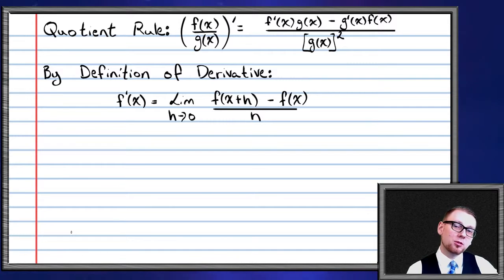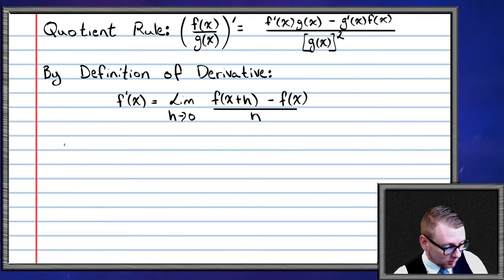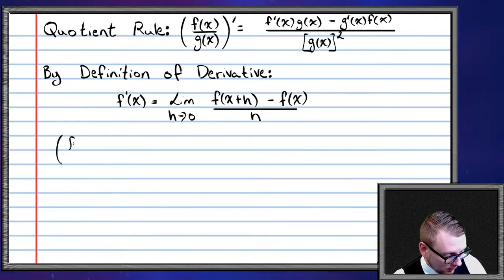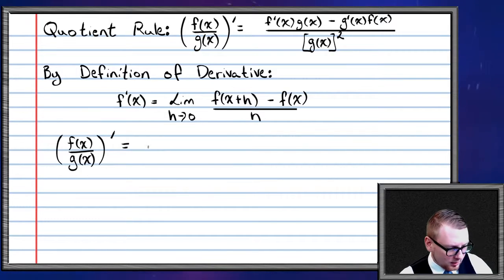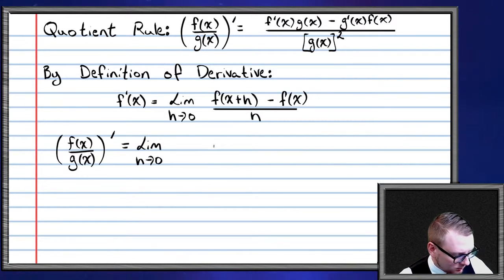Okay, now we're going to do the quotient rule by the definition of derivative. So first thing we have to do is just write it out. So we've got f of x over g of x, prime. Well, we're going to take the limit as h approaches 0. So now we're going to have to plug in both these functions with x plus h.